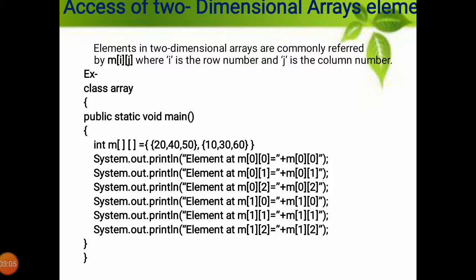So see this example. Here I have declared a class Array and within the main function I have declared a double-dimensional array M, and I have initialized each element with two sets of values: 20, 40 and 50, and the second set 10, 30 and 60.